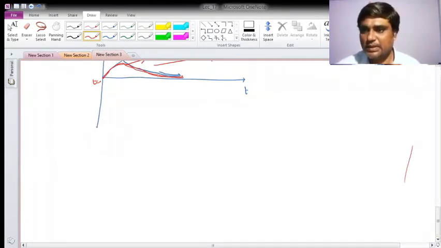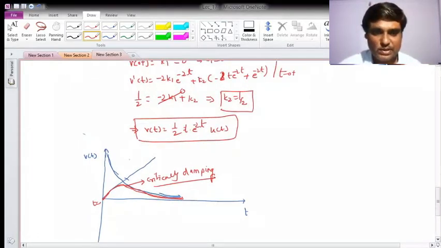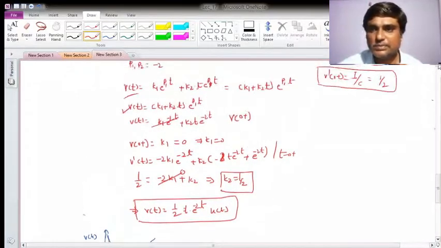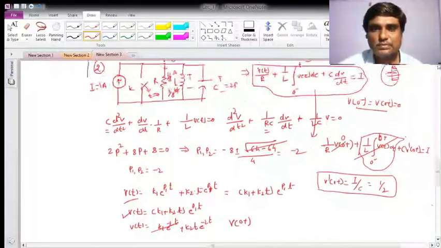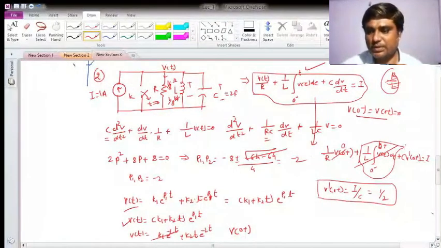So here again we can inspect it physically also, that initially at t is equal to 0, voltage is 0, as well as at t is equal to infinity, voltage is 0. Right, you can find it out.